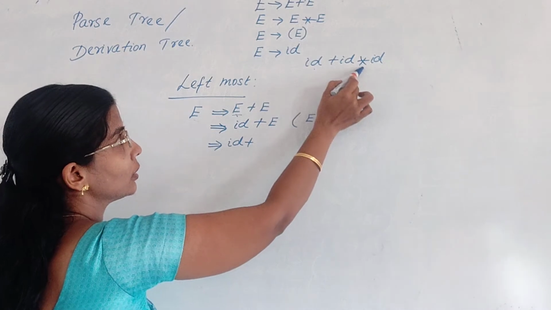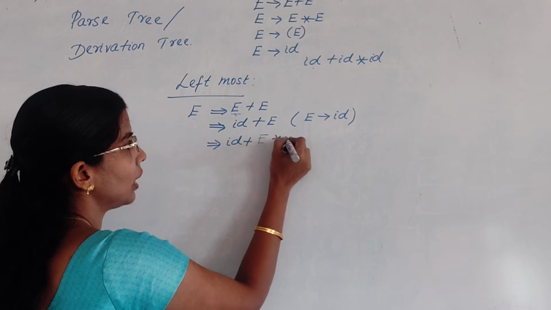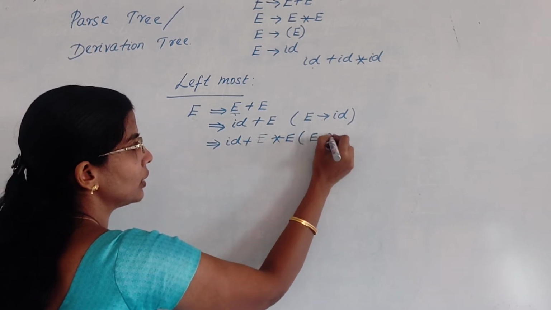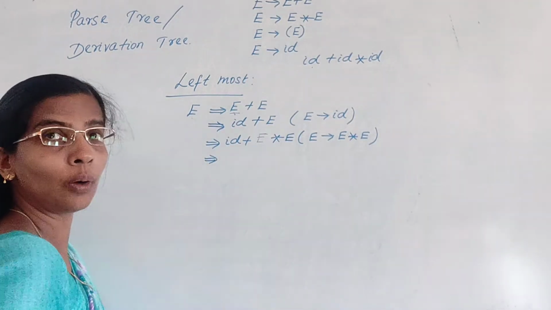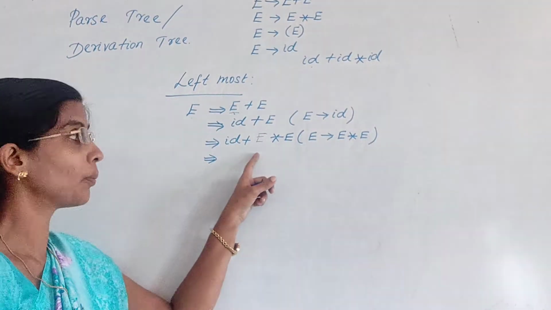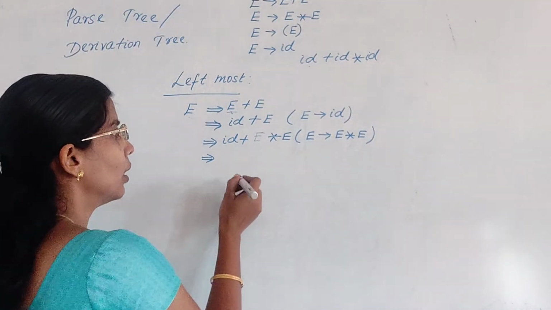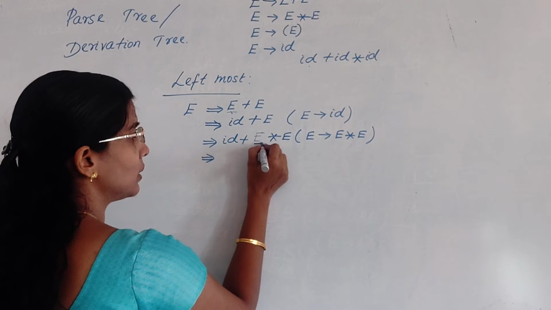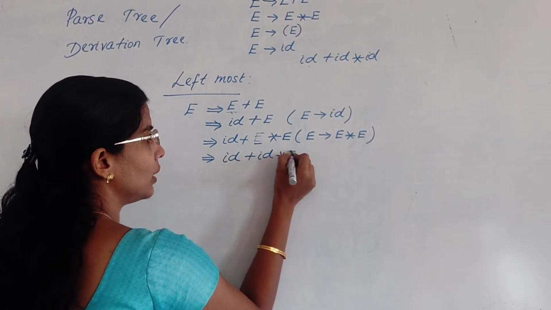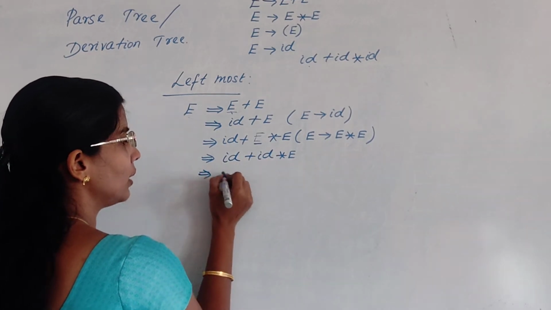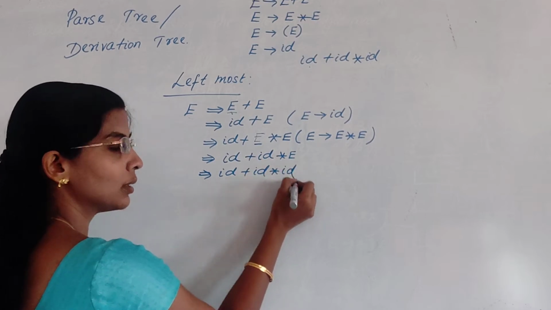I need a star, so I use the production E tends to E star E. Now I have two E's. So replace this leftmost E, id plus id star E, and then finally replace this last E by id, and you will get id plus id star id.